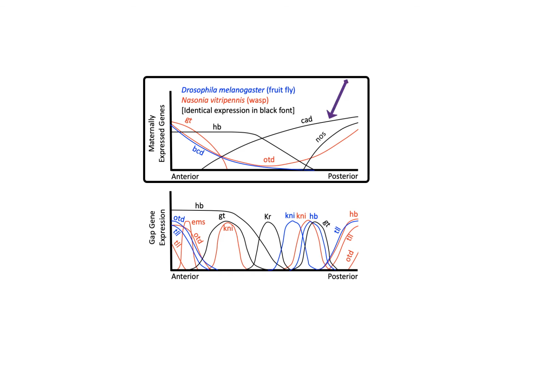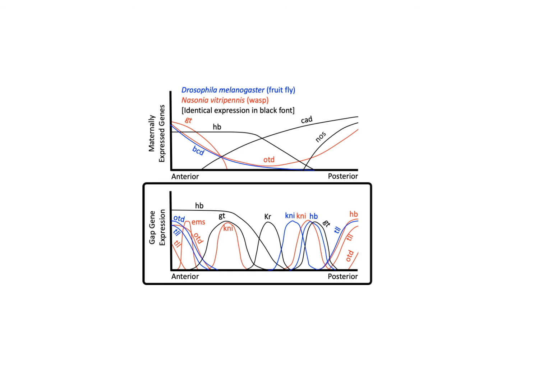There's CAD, NOS, hunchback, and bicoid is slightly different in that in fruit fly, it's not present in the posterior end, whereas in wasp, a similar gene product, OTD, is produced in a similar pattern in the anterior, but then it's very different in the posterior area.